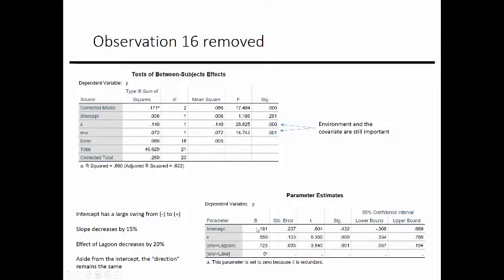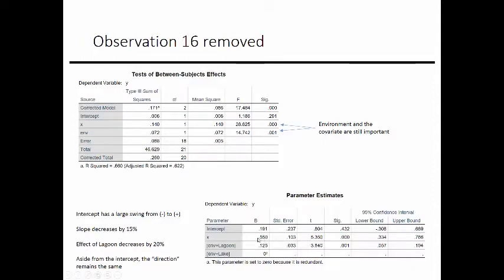So I have a huge swing with regard to the intercept. My slope decreases by 15%, so it went from 0.65 down to 0.55. And the effect of lagoon decreases by 20%, from I believe 0.145, something like that, down to 0.125.